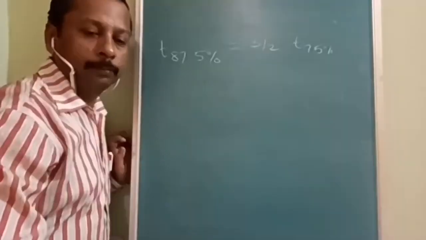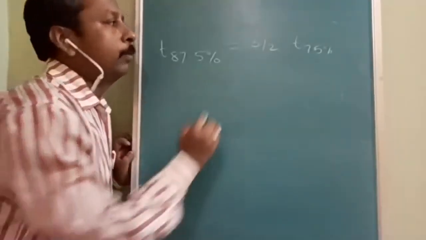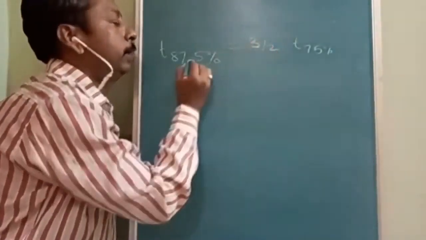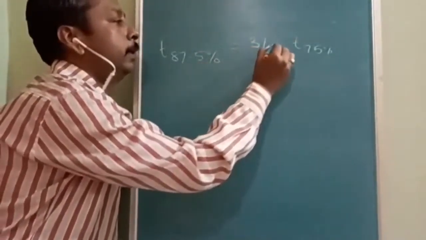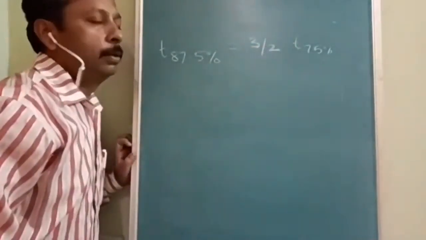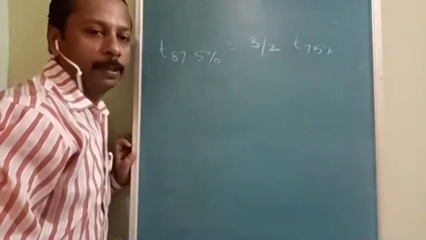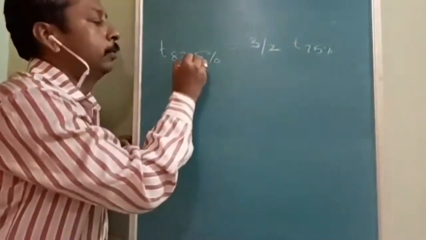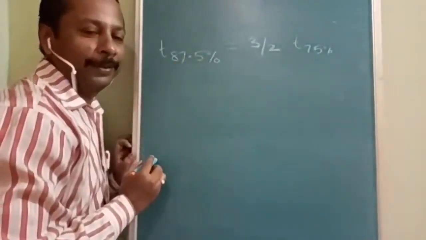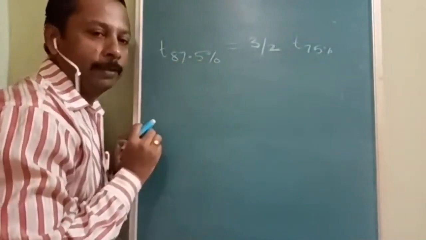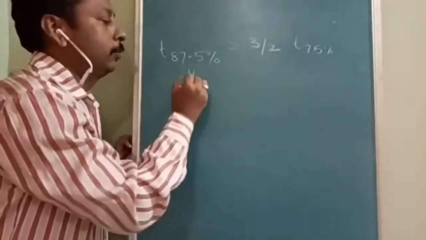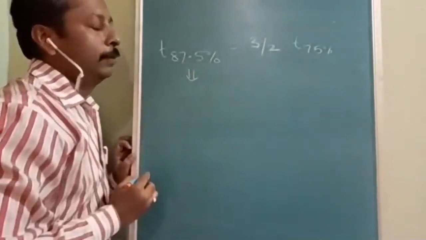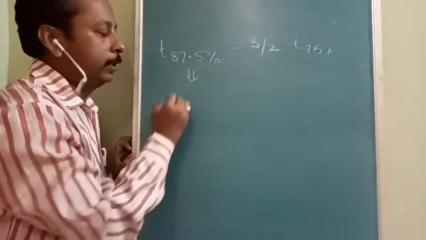Okay. So there is one more derivation. T87.5% is equal to 3 by 2 times of T75%. Okay. So will you give a try? Don't worry, I will give you the simple explanation. Shortcut to shortcut. T87.5% we have already studied.